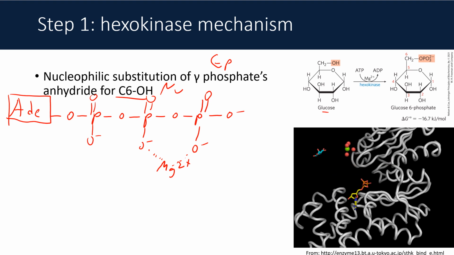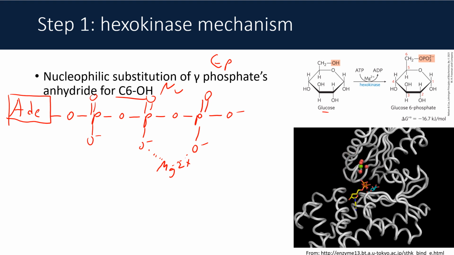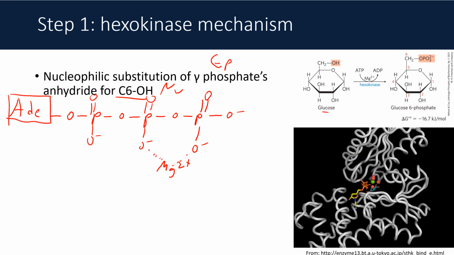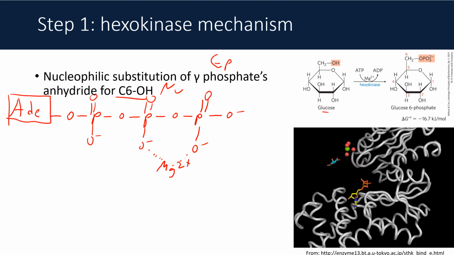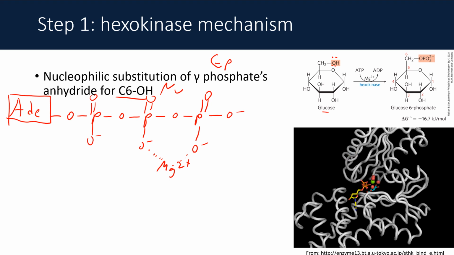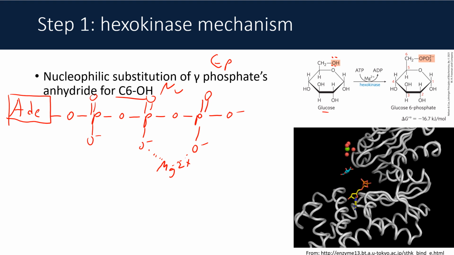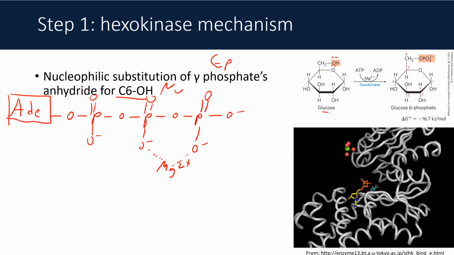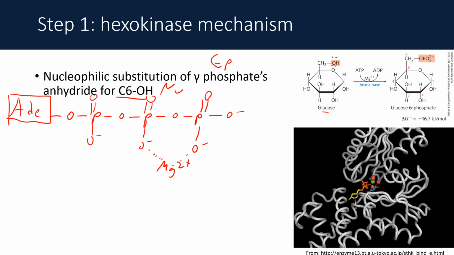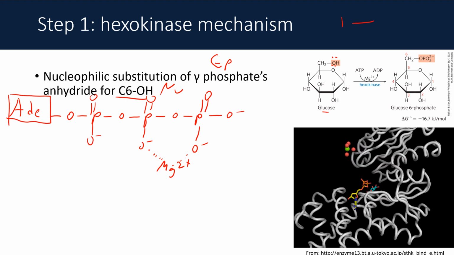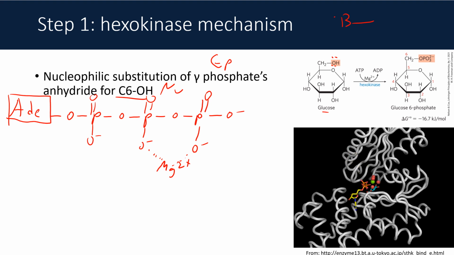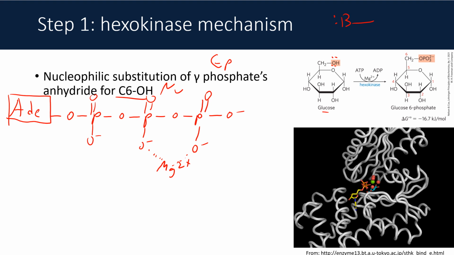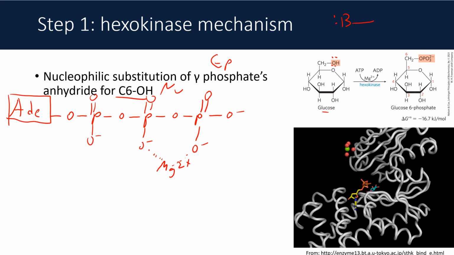You may recall from the serine protease model that the hydroxyl group is not a terrific nucleophile on its own. We need the enzyme to jack up its nucleophilicity. And a tried and true strategy for doing that is acid-base catalysis. We can achieve this through a general base, which is any amino acid that can behave in a base-like manner.